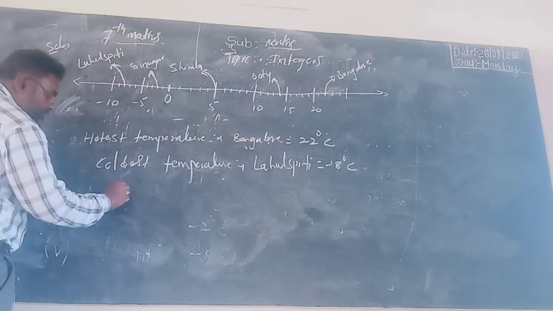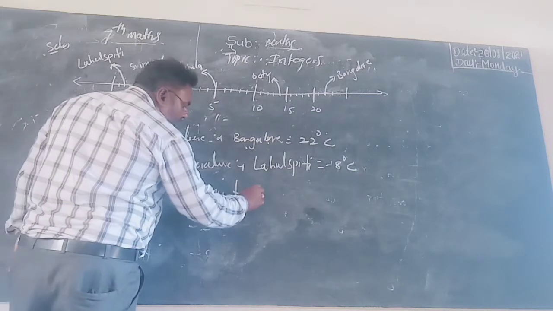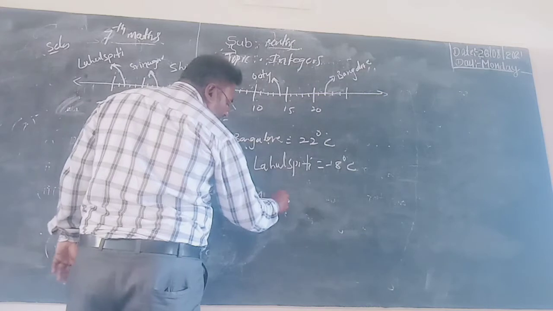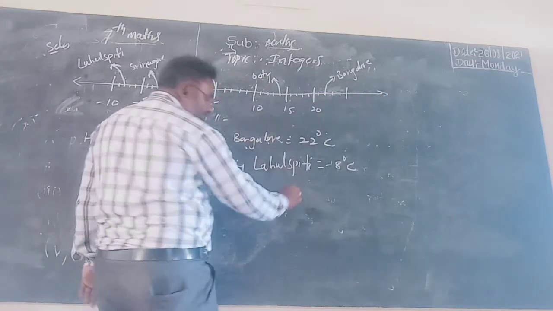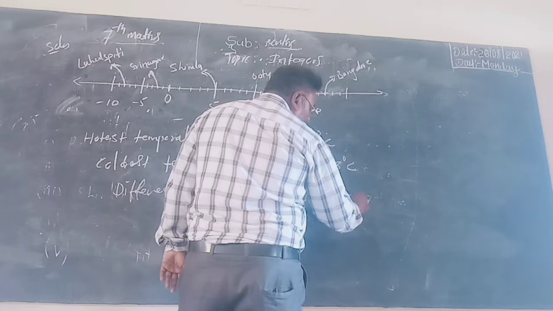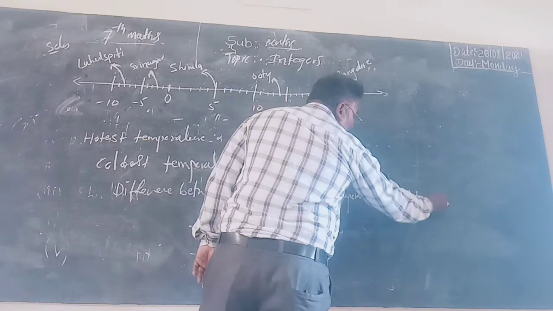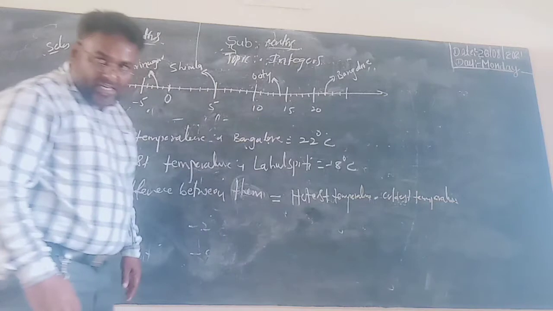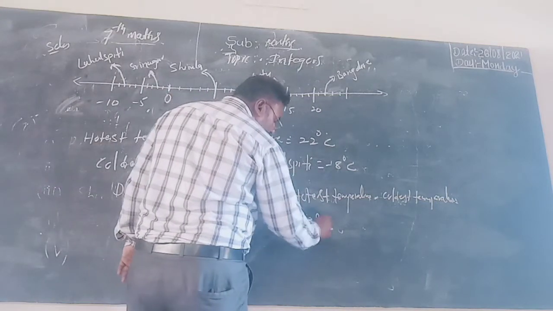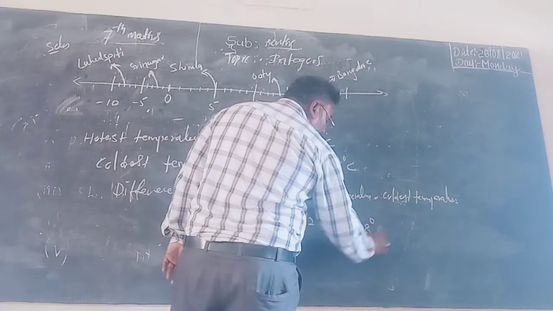Difference between them is equal to hottest minus coldest temperature. The hottest temperature is 22 degrees centigrade, minus the coldest temperature, minus 8 degrees centigrade.